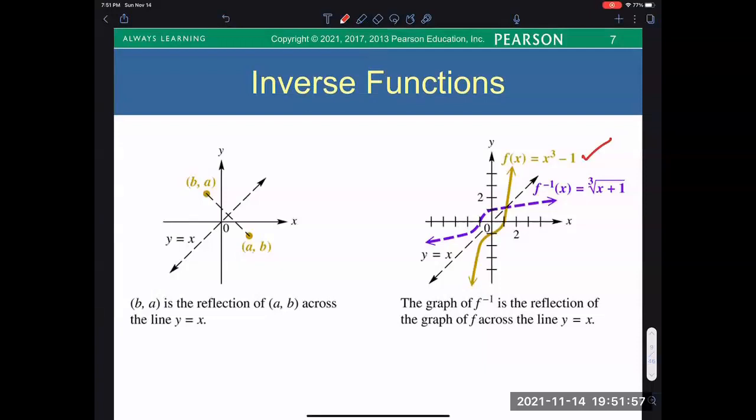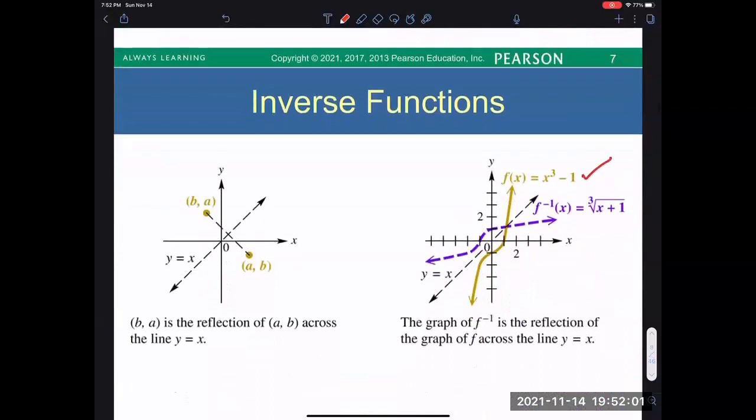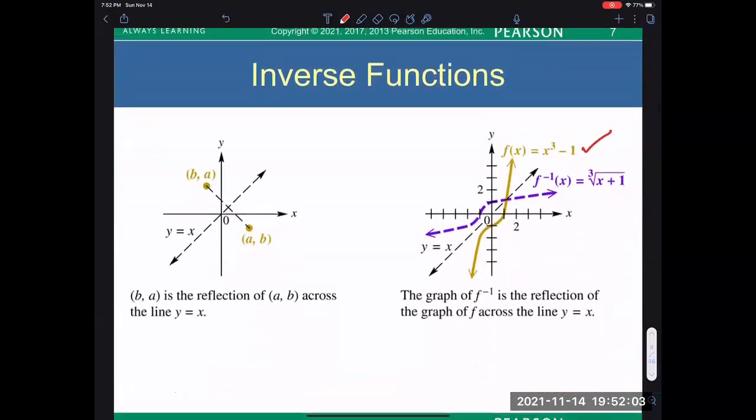And we could go through those steps on the previous slide, steps 1, 2, and 3. We could add 1 to both sides and take the cube root to get rid of the cube power, and then you would get this formula for the inverse function. However, you can also just look at the graph of the original function and see that if you take the entire graph and reflect it across the line y equals x, you get the graph of that inverse function.